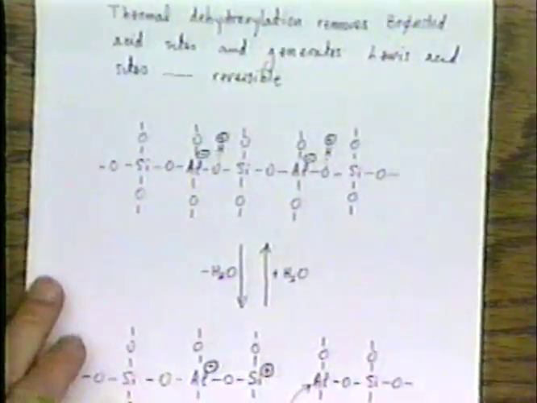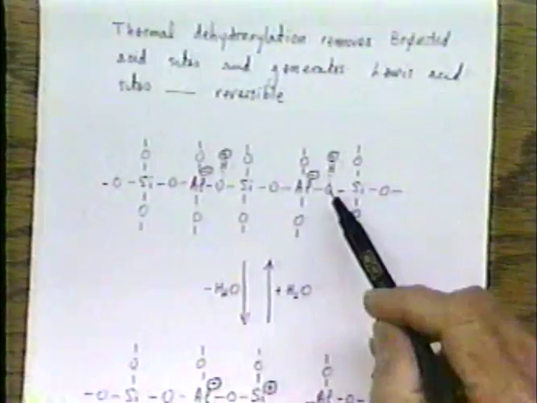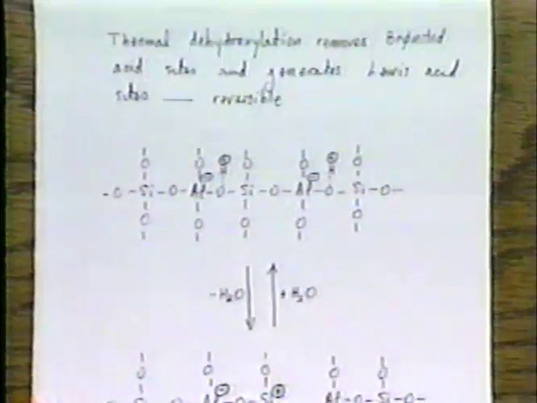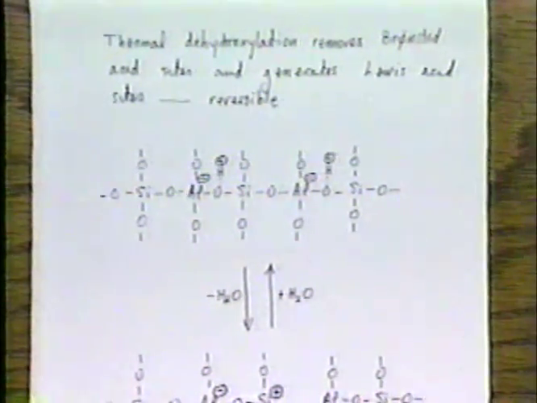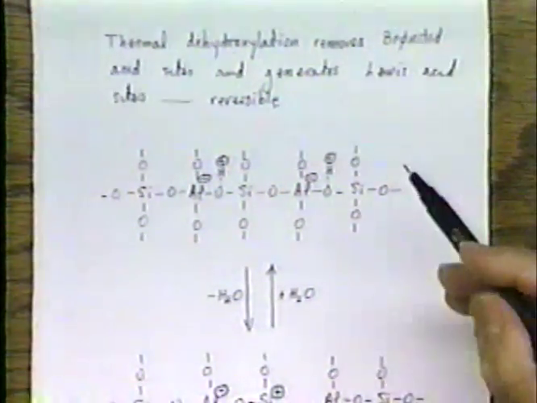Just very briefly, I should point out to you that this protonated structure of silica alumina is thermally unstable. If silica alumina is heated to a sufficiently high temperature, it will split water out.